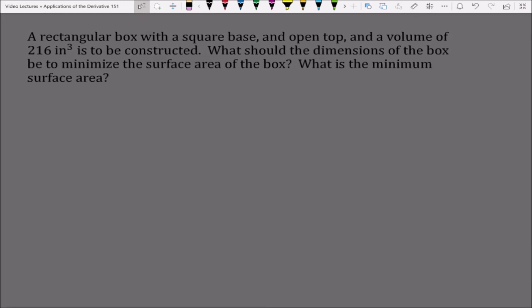All right, so let's draw our box. It's not going to give me enough room. Here we go.